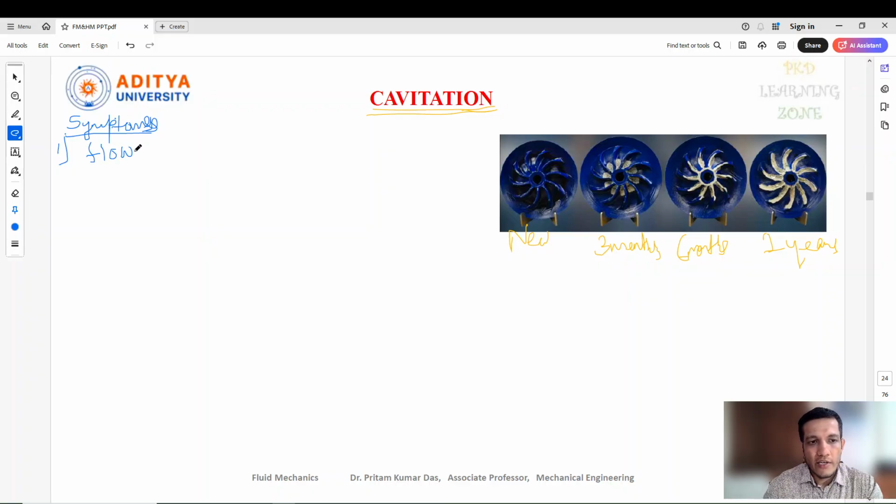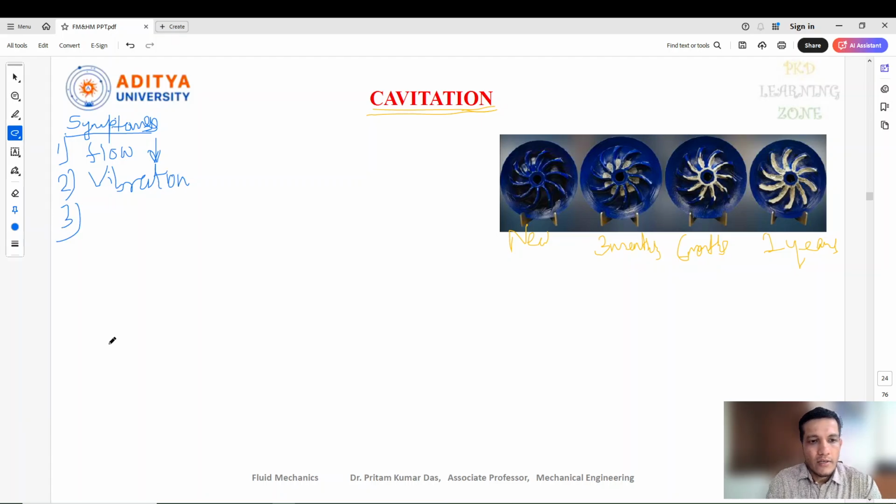There is a change in fluid flow rate, or the pressure of the flow is going to decrease. Second point: there will be unexpected vibration, suddenly.